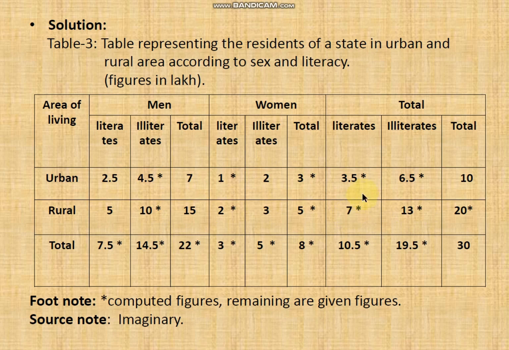Hence you are reducing them to single digits and mentioning here that the figures given are actually in lakhs. So 2.5 here means 2,50,000. 4.5 here means 4,50,000. 7 here means 7 lakh. 1 here means 1 lakh. 2 here means 2 lakh. So this is how you have to interpret the numbers.